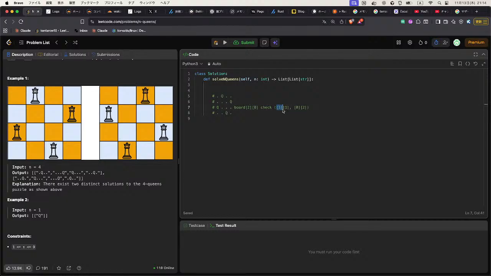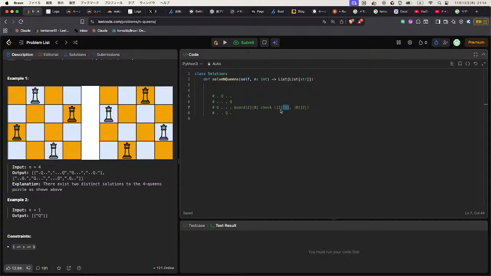So for y coordinate, we decrement, and for x coordinate, we increment. We both increment and decrement by 1.